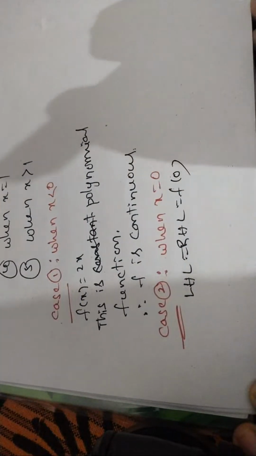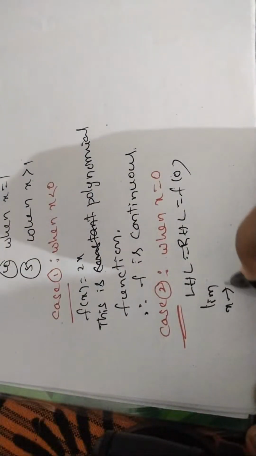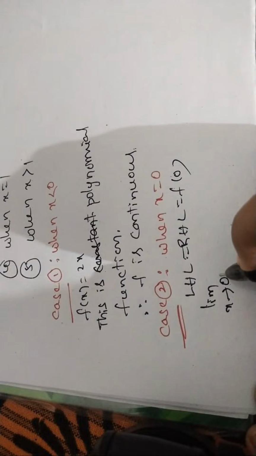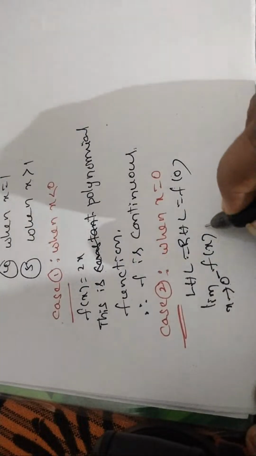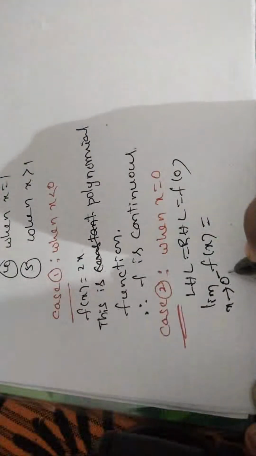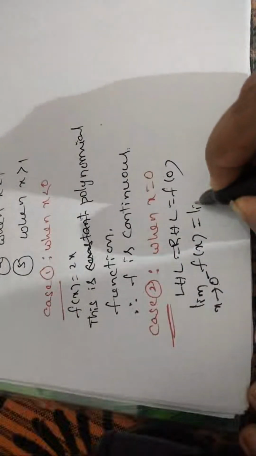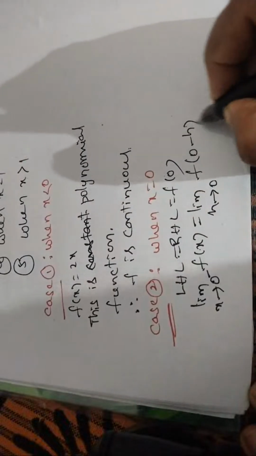How do we write the LHL? Limit x tends to 0 minus f of x. I will start from 0, so limit h tends to 0, f of 0 minus h.